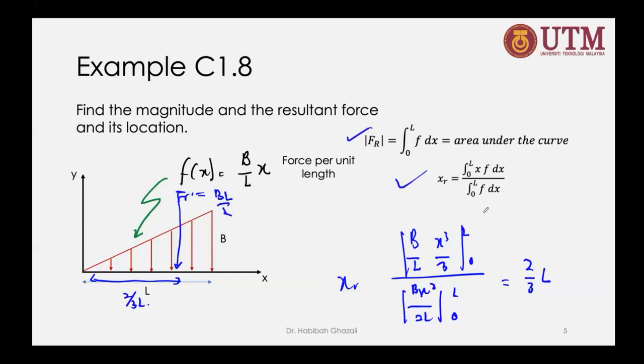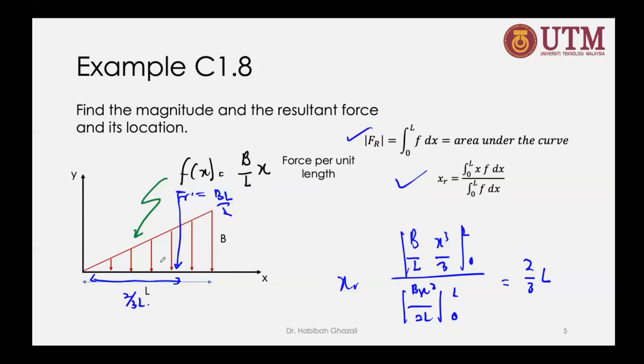But as I said, most of the time we simplify and assume that our resultant force, our distributed force, is rectangular or triangular, or it can be composite. So it can be both of them, one triangle on top of the other.